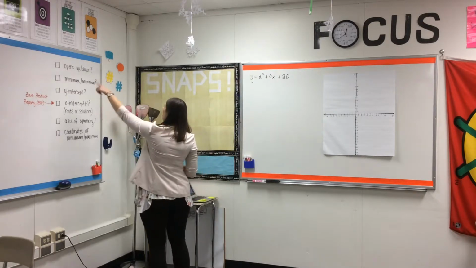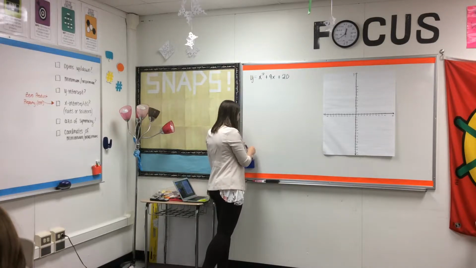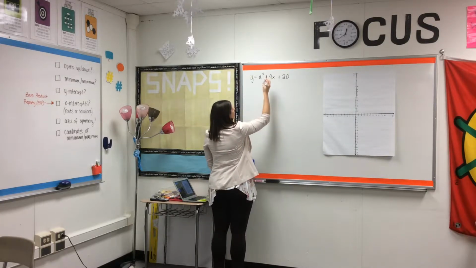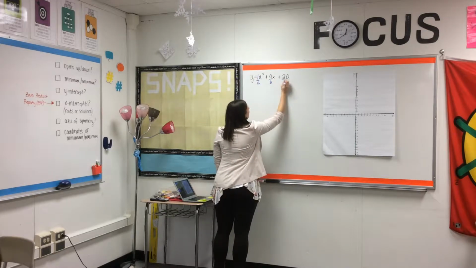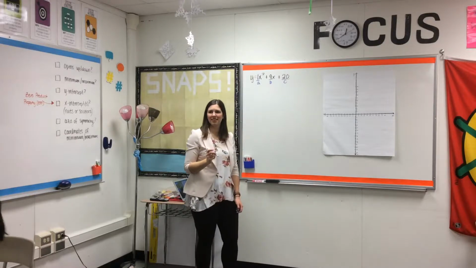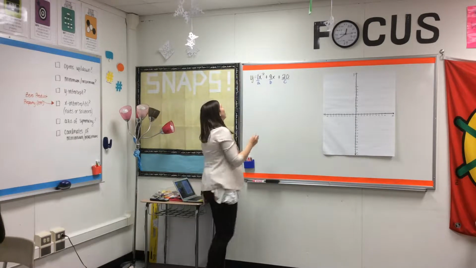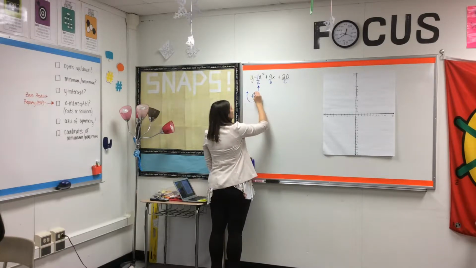All right, does it open up or down? How do we know? Well, we got to do some labeling. Let's label first: A, B, C. A is positive, so it opens up.